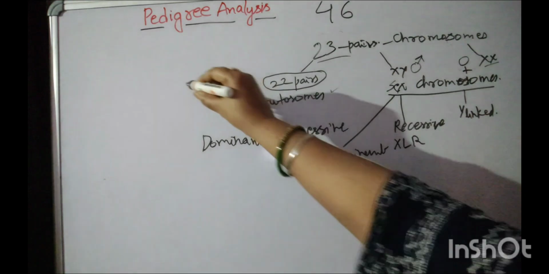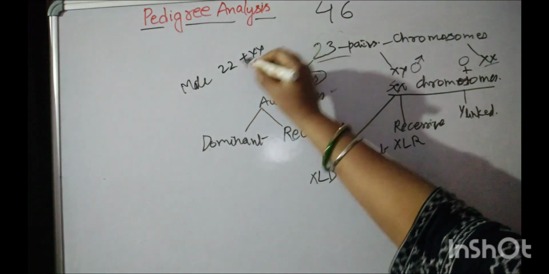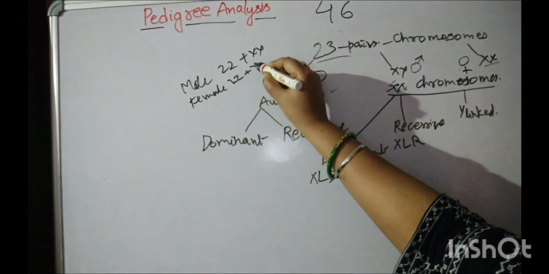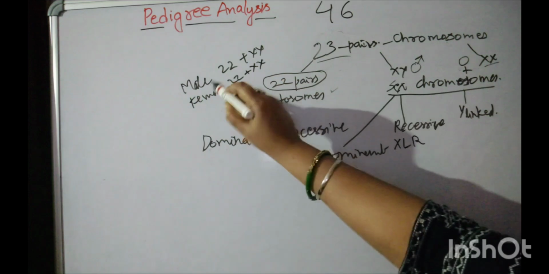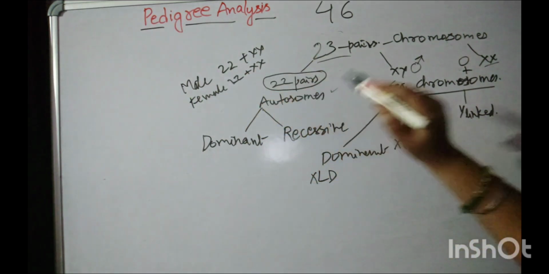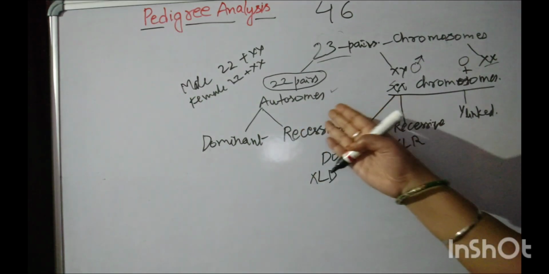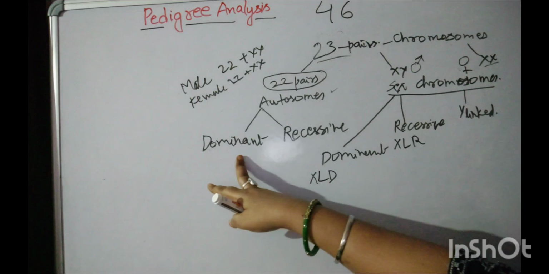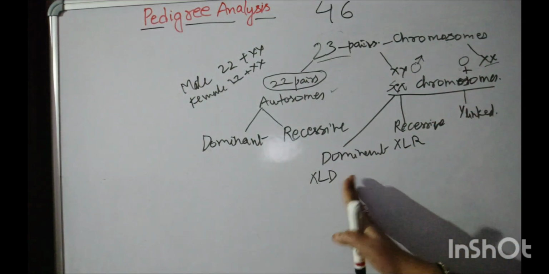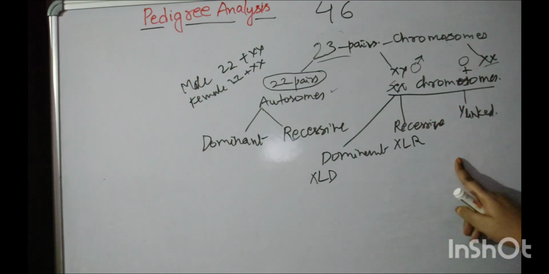A male has 22 plus XY, and a female has 22 plus XX. So autosomes can be divided into two parts, dominant and recessive, and sex chromosomes can be divided into X-linked dominant, X-linked recessive, and Y-linked.